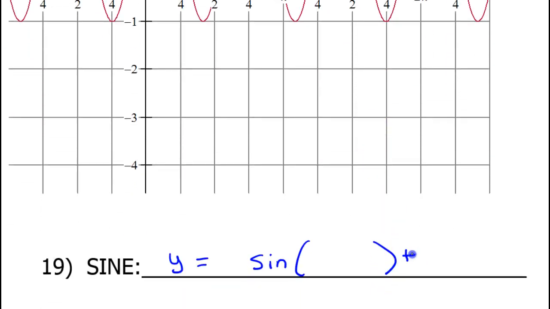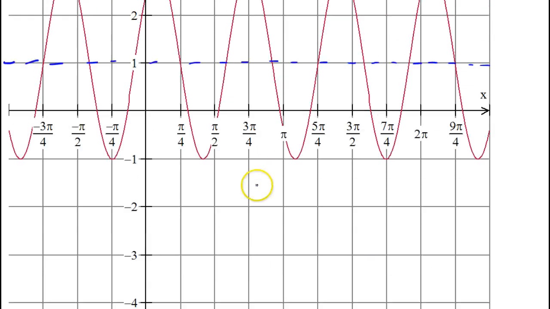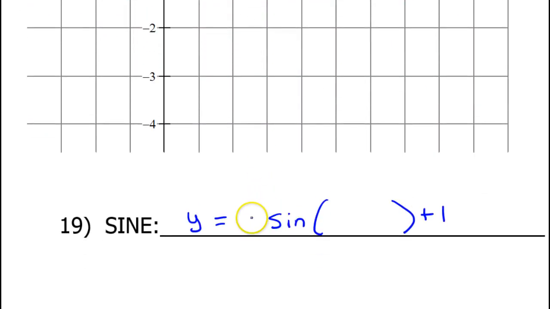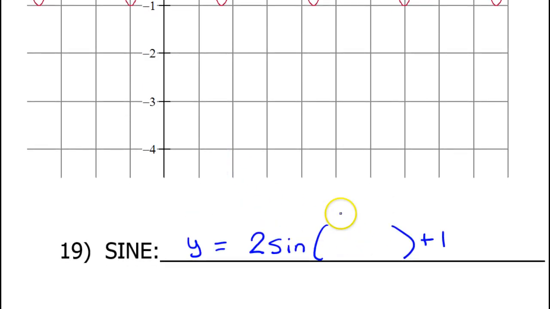So the midline is at 1, so I know I'm going to need a plus 1 on the end of my graph. Let's talk amplitude. From the midline, it's going up 2 and down 2. So that tells me that we're going to have an a value of 2. Maybe it's going to be negative 2. That depends on what period we choose to focus our eyes on.